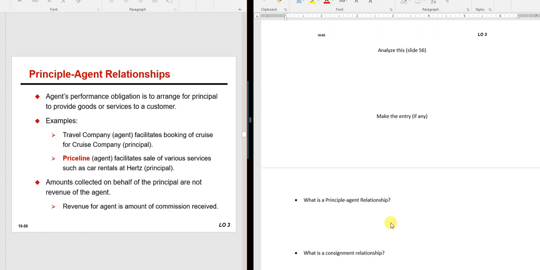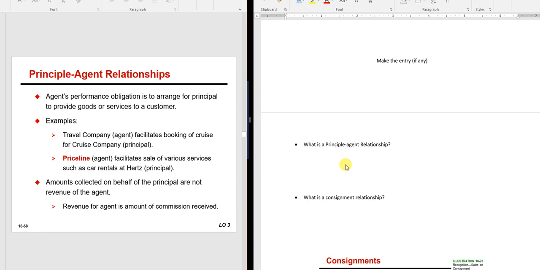A principal-agent relationship is if you sell something for somebody else. Notice here, the travel company facilitates booking a cruise for the cruise company, the principal. If you buy through Travelocity or Expedia, I guess Priceline, they act as an agent for Hertz, etc. The amounts collected on behalf of the principal are not revenues of the agent.